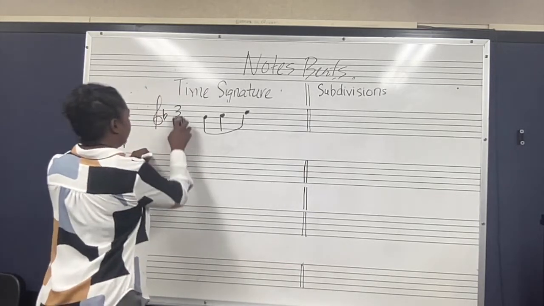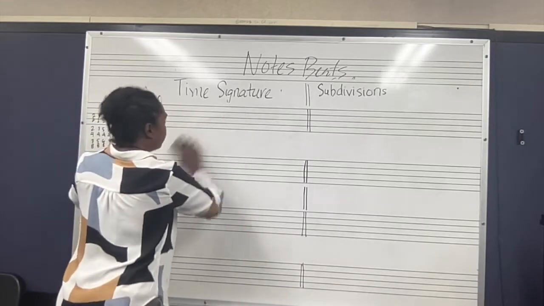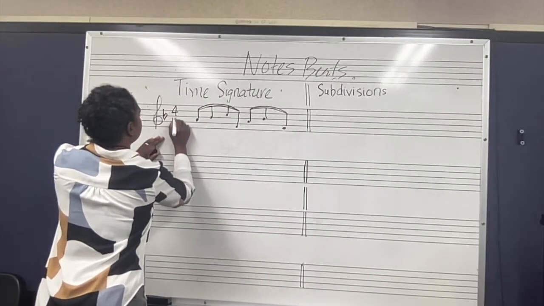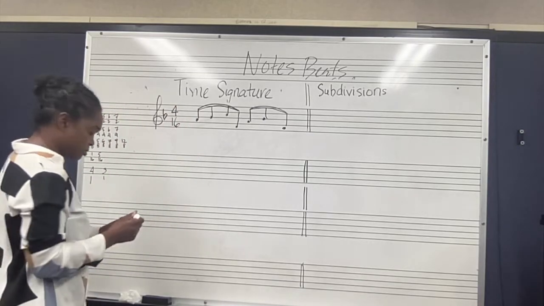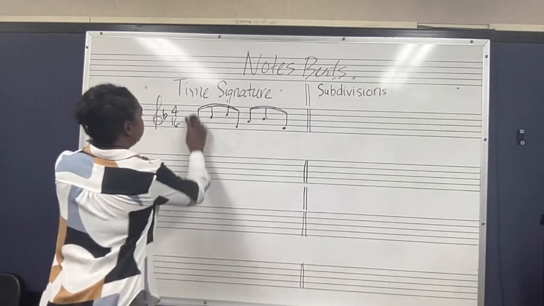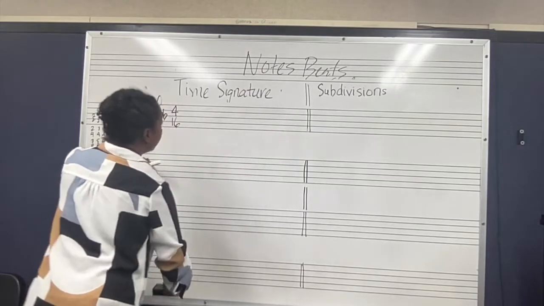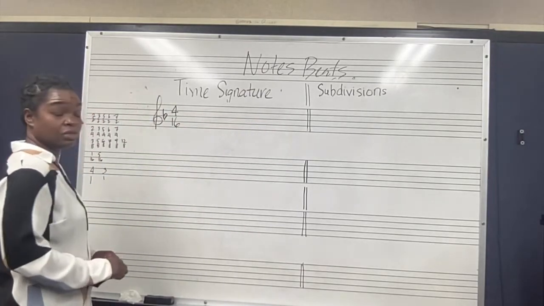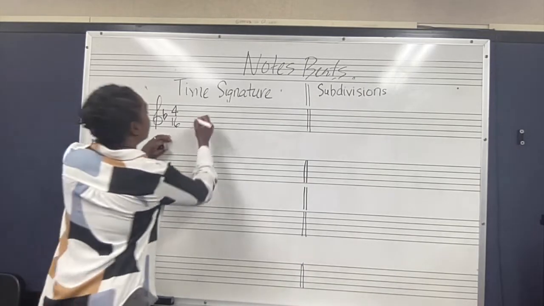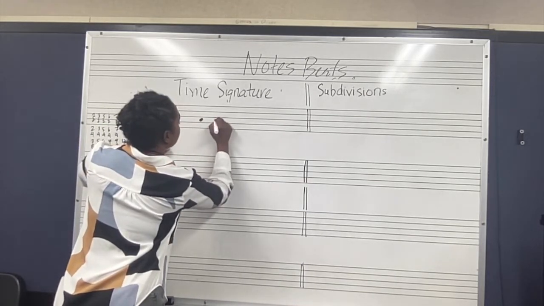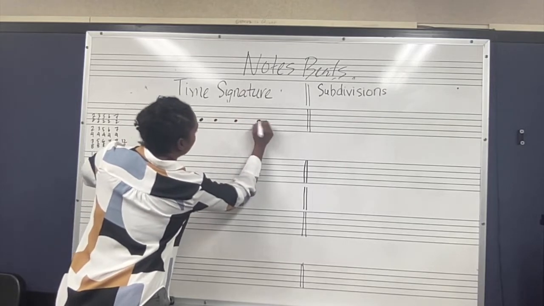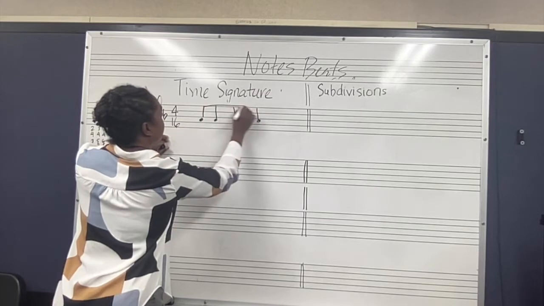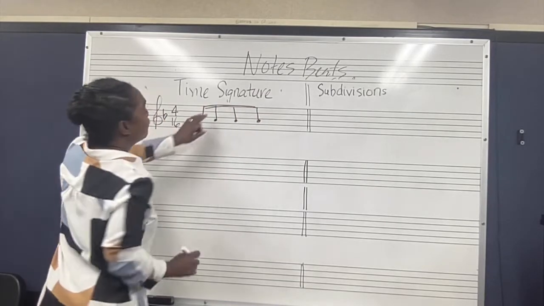And what about if we had 4/16? This one seems to get people a lot. That's telling us there are 4 beats in this measure, and the 16th note is the one that we're working with. So we're going to do 1, 2, 3, 4, and we're going to connect it. 4/16.